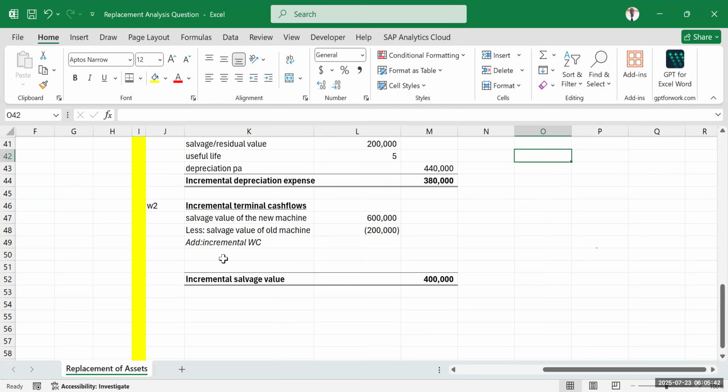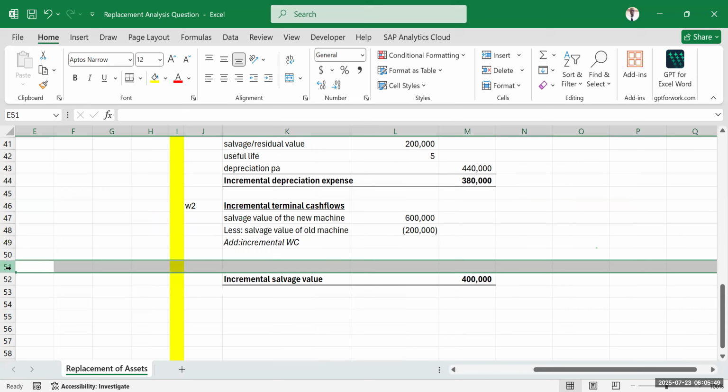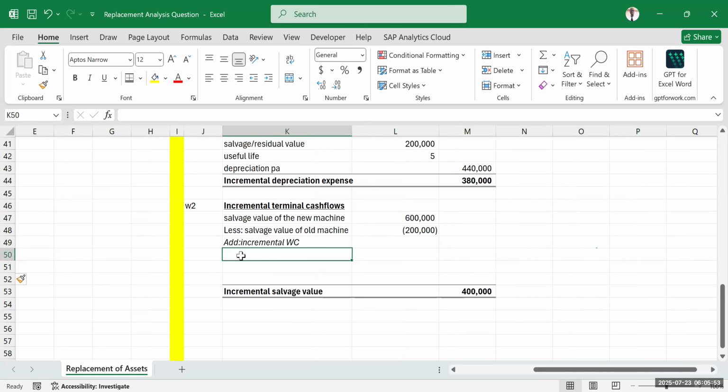So you add incremental working capital. So how do we get incremental working capital? Let me just add another row there. Incremental working capital, you compare working capital on the old machine and working capital of the new machine. So we start with working capital of new machine. So this is the working capital that was included or injected when engaging or purchasing the new machine.